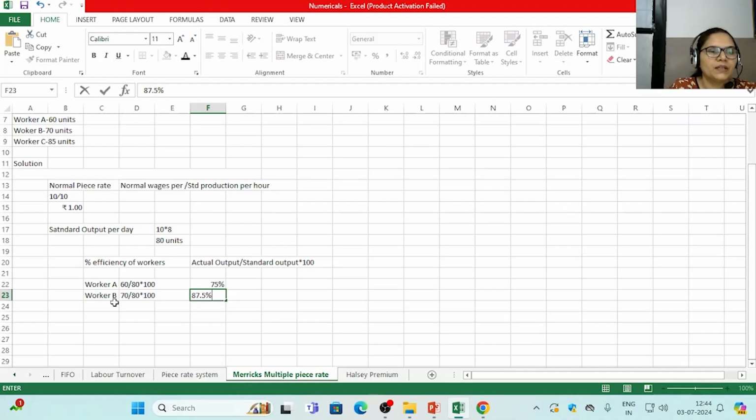Next is worker C: actual output is 85 divided by 80 multiplied by 100, which will give you the value of 106.25%.